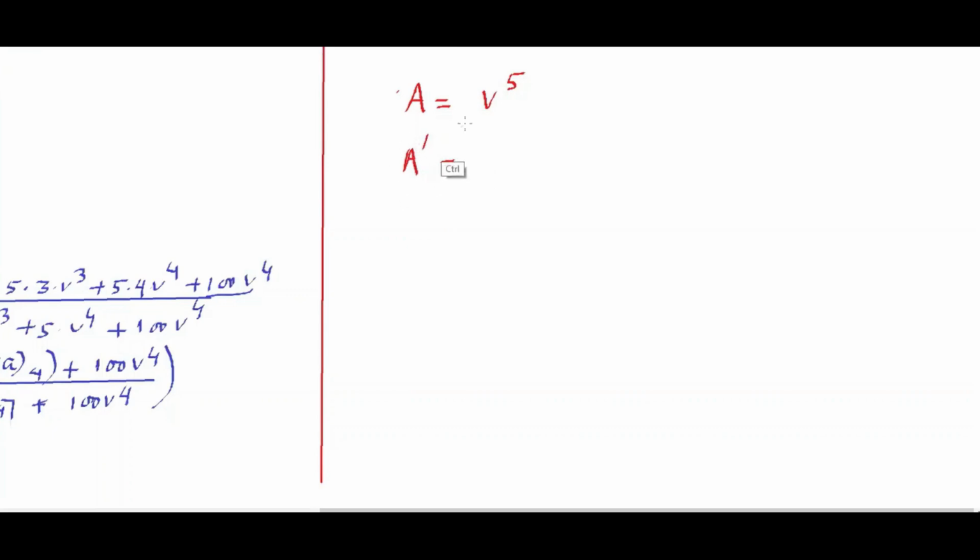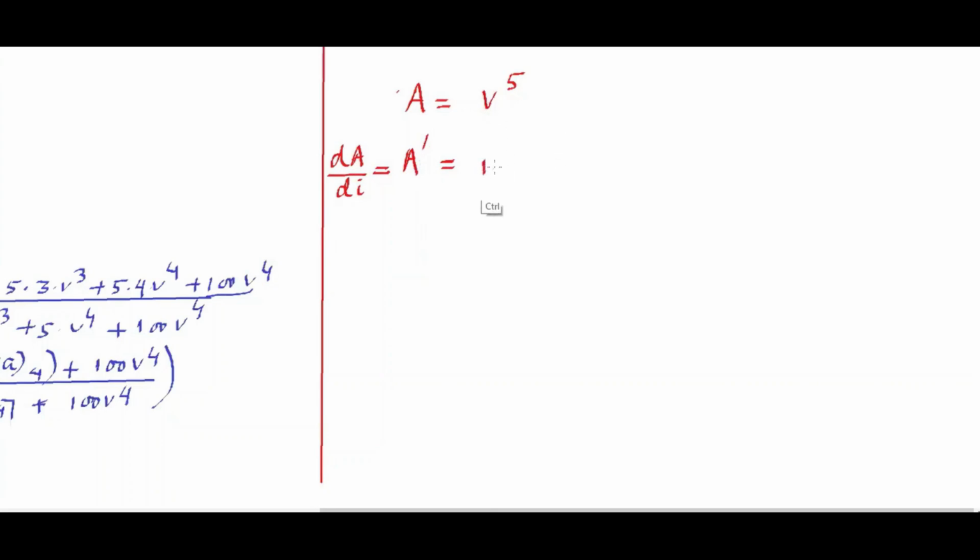So you meant differentiation with respect to v. When I said you consider a dash to be dA divided by dV, right? But here we find differentiation with respect to I. So this is dA upon di, not v. So when you find dA upon di, you have to change it to y. Or you can write dA y dv. Whatever you said, we'll write that 5v power 4 into dv by di.